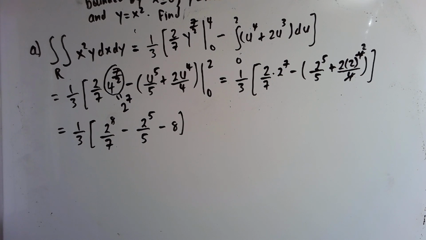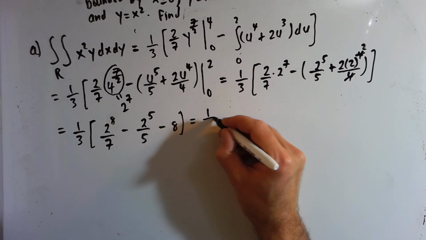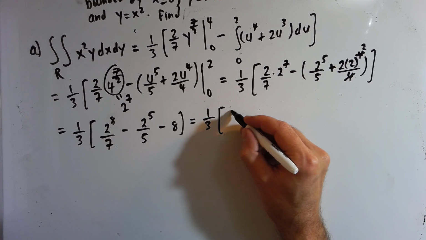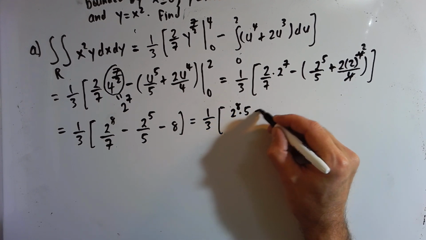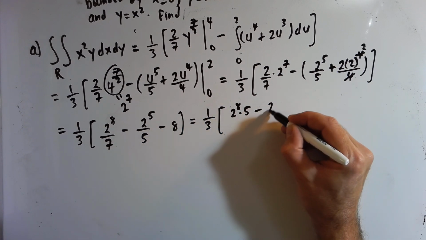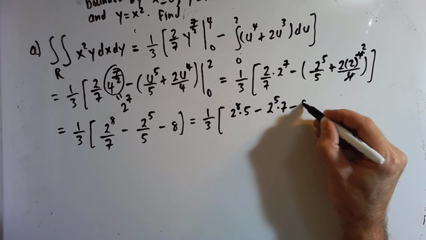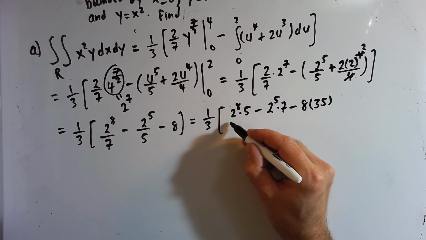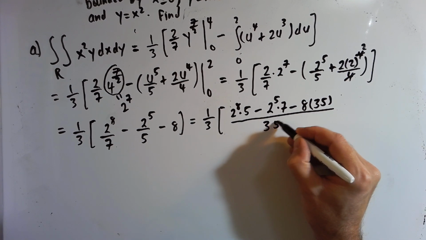So a common denominator for these would be 35, between 7 and 5. So changing everything to 35ths, so it'll be 1/3 in front. Multiply 2 to the 8th times 5, this one multiplied by 7, and then the 8 multiplied by 35, all over 35.